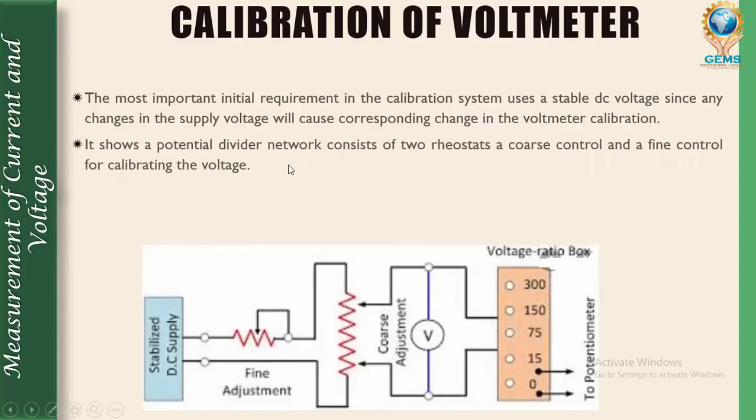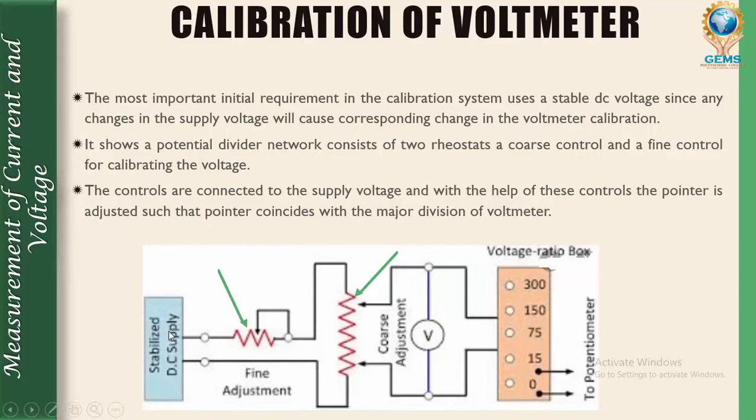For calibrating a voltmeter, we have two rheostats, one with coarse adjustment, the other with fine adjustment. This coarse adjustment and fine adjustment are used to adjust the voltage according to the supply voltage. Using these two resistances, I adjust the potentiometer in such a way that it matches my supply voltage.